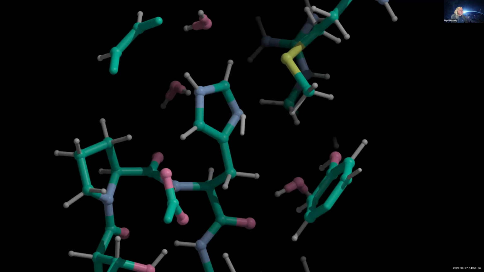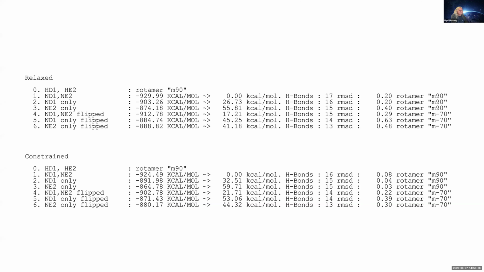And then here are some of the results. The top is the completely relaxed, and the bottom is where I've constrained all the way up to the torsion. And you can see that there's fairly big differences in energy here. The smallest differences are in the order of 20 to 30 kcals.